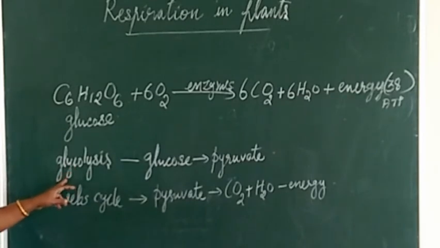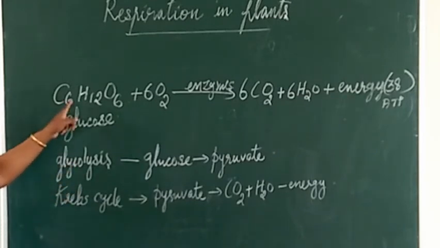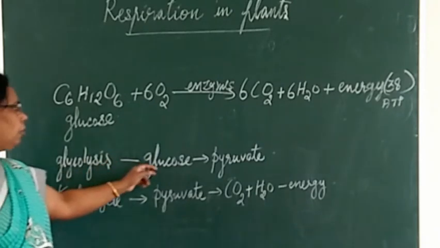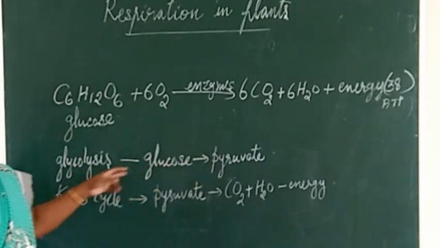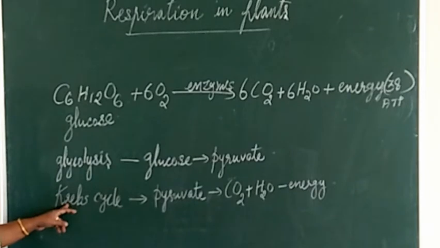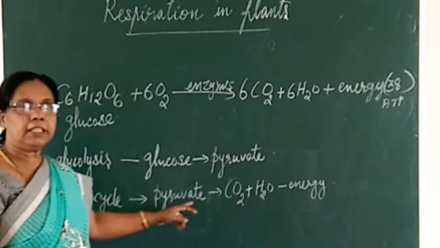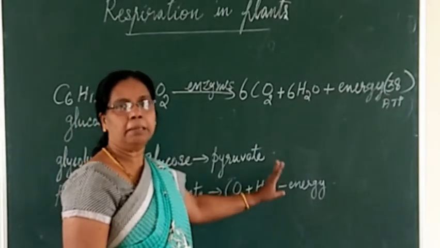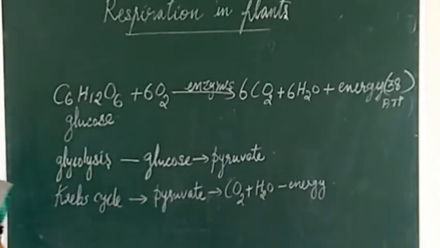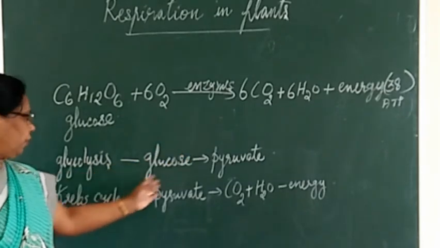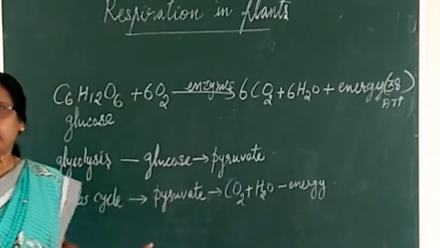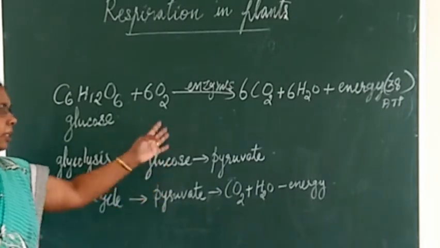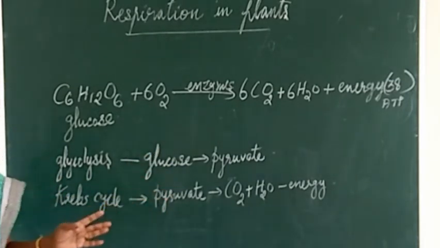During the first phase, glycolysis, the glucose is broken down into pyruvate, and in the second phase, the Krebs cycle, pyruvate is converted into carbon dioxide and water, liberating energy. In both cases, some enzymes will be working.